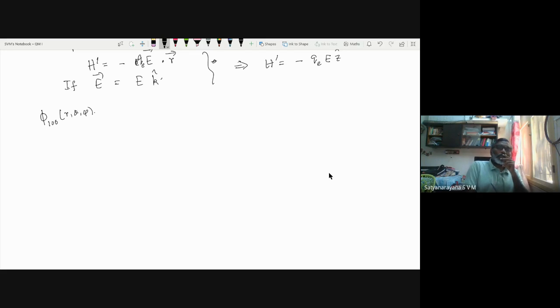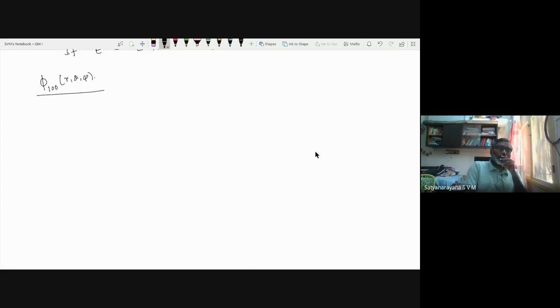Okay, more interesting question let me ask. Suppose you take n is equal to 2, there is a degeneracy, correct? We have states like this: 200, 210, 211, and 21 minus 1.